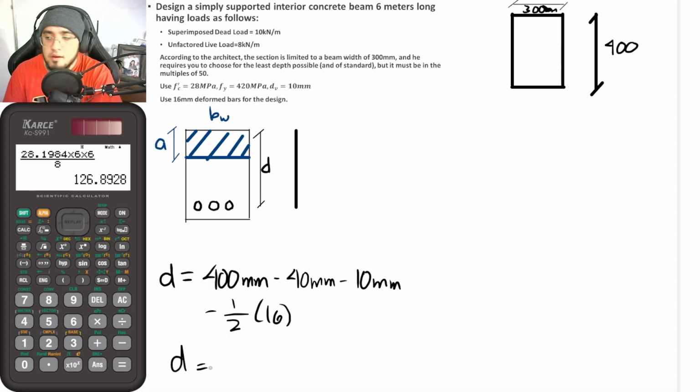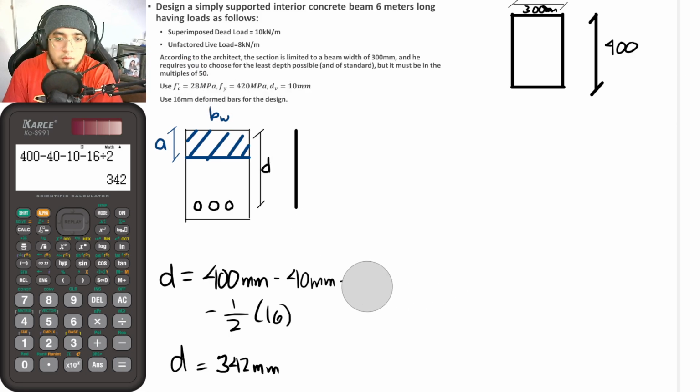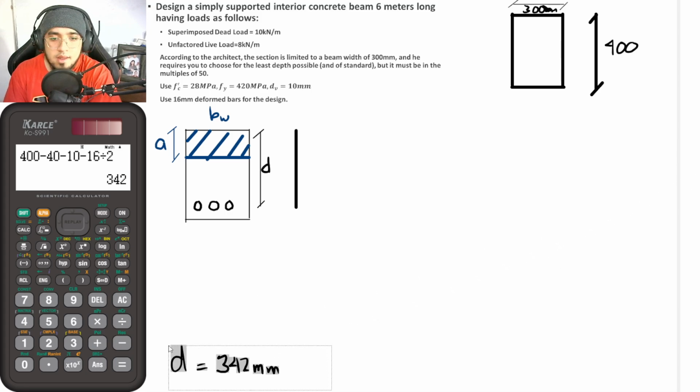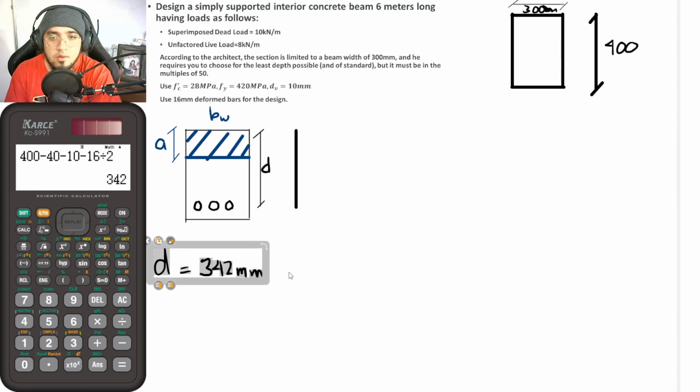So from that, solving for the value of our effective depth, that is 400 minus 40 minus 10 minus 16 over 2. So that is now equal to 342 mm. So again, that is now for value D. Okay, so let me just erase this in order for me to get more space. So I will just write that our D is 342 mm. Okay, so once again, in our situation here, this is now our compressive block.